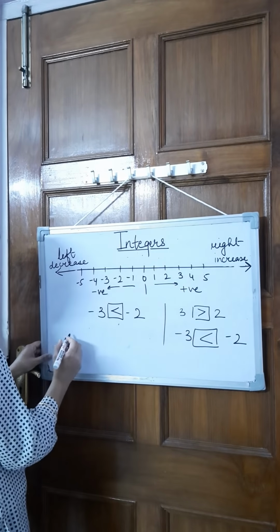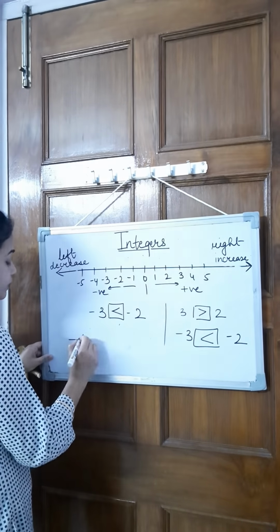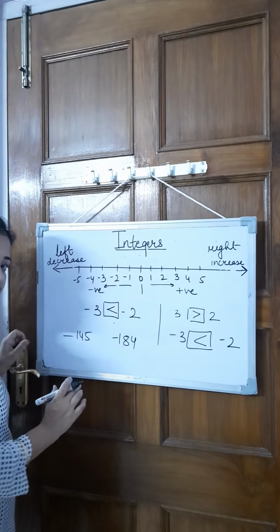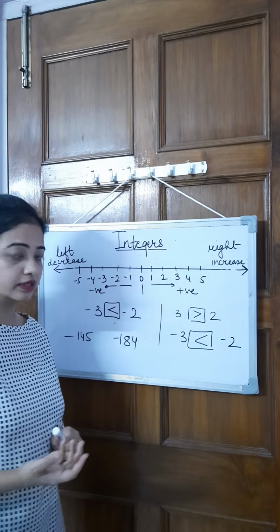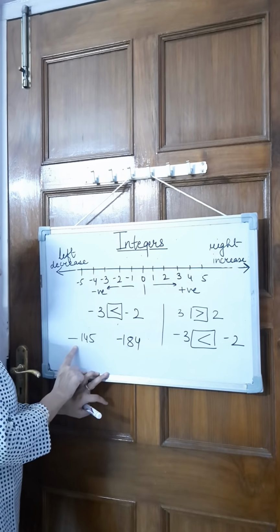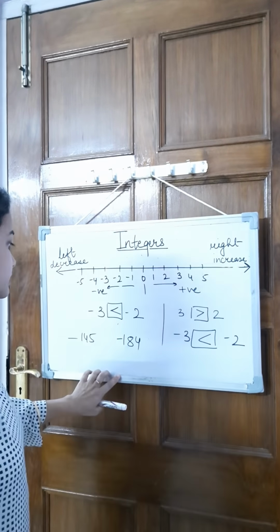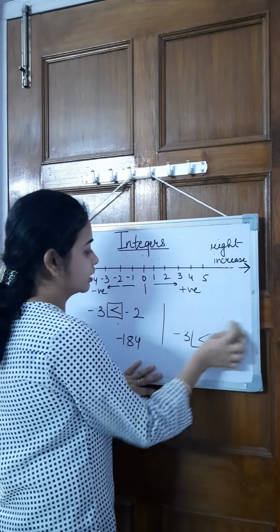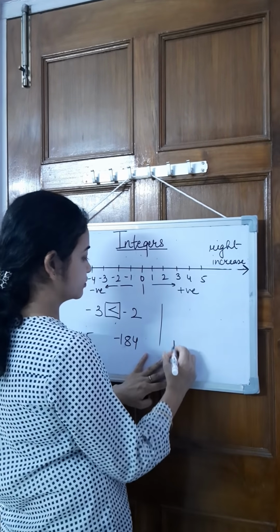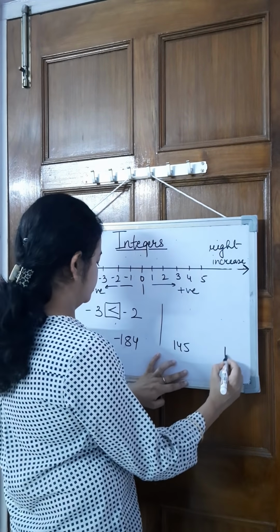Now let's take an example. If I write -145 and -184, these are two negative numbers. Now if you have to compare these two negative numbers, which one is greater? To make things simpler, let's consider them as whole numbers first.